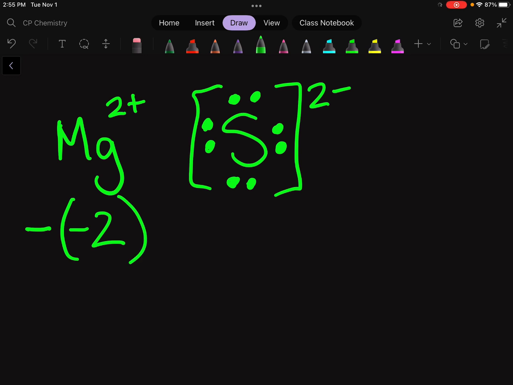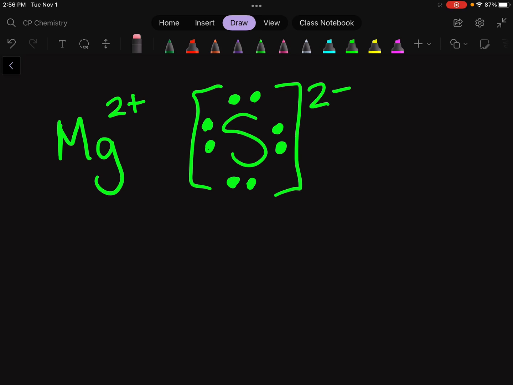So when you subtract a -2, you get +2. For sulfur, we added -2 to it. So when you add a negative, you get a negative. So that's where those charges come from.